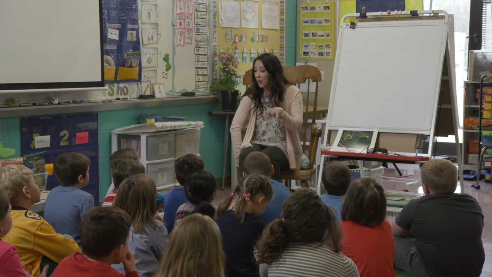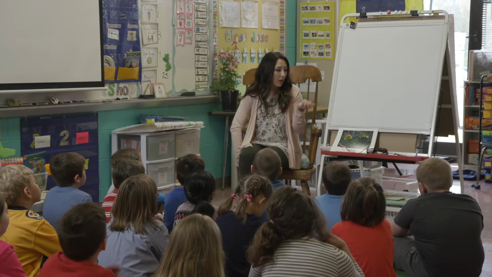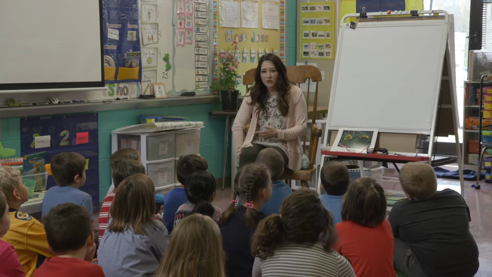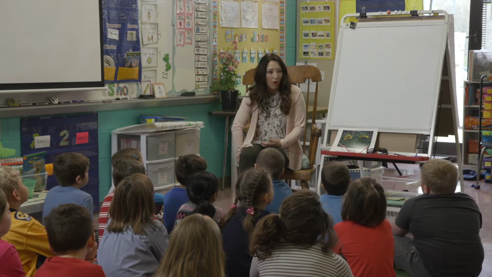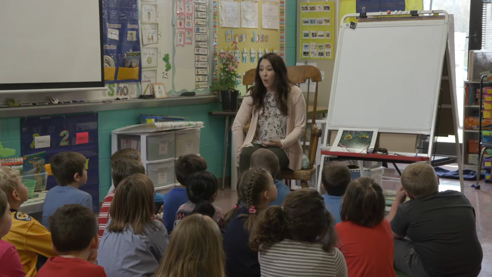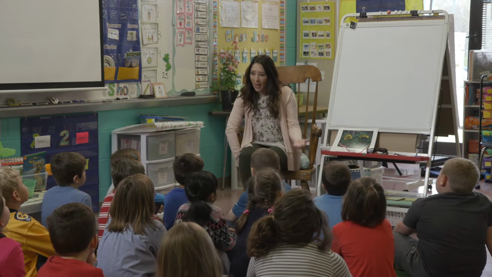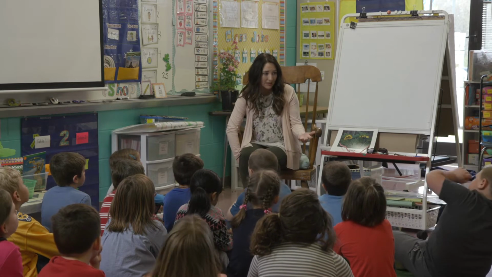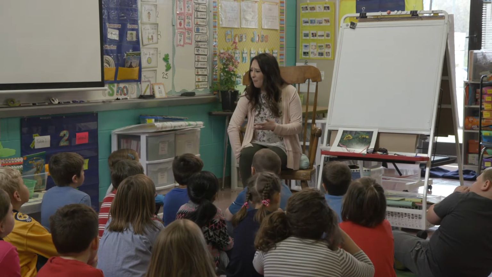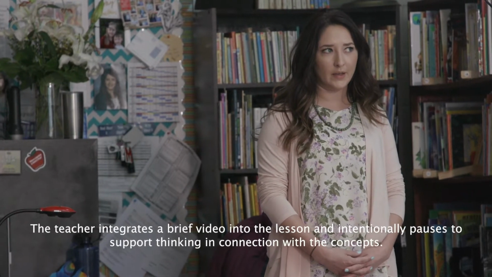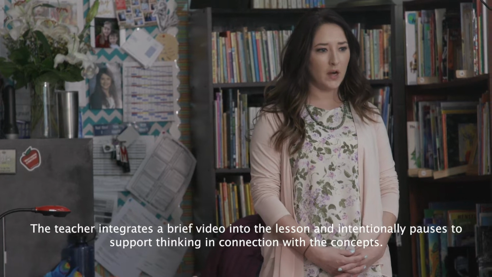And when we're working in our small groups, when we're working about the rainforest and the tundra and the desert, not all plants look the same. So we're going to watch a quick video that talks all about different plants in different habitats and what makes them different.